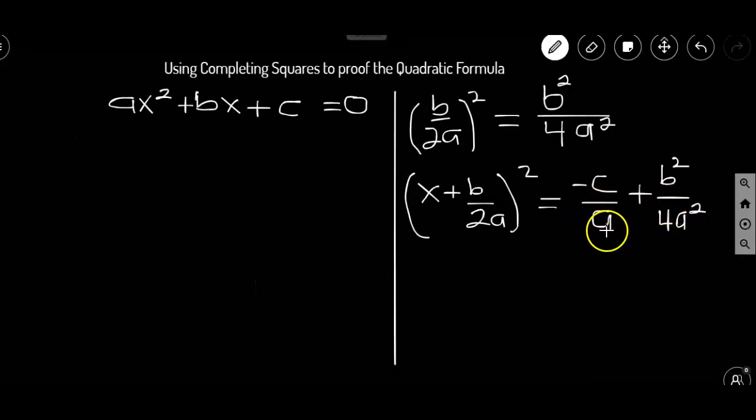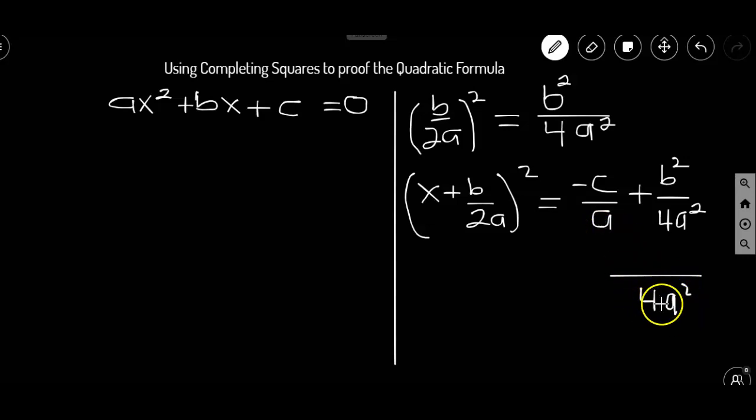Now here we have a fraction adding to a fraction, so we look for a common denominator. We have a here and we have 4a squared here. So we can write 4 and a squared because that a can come over here.